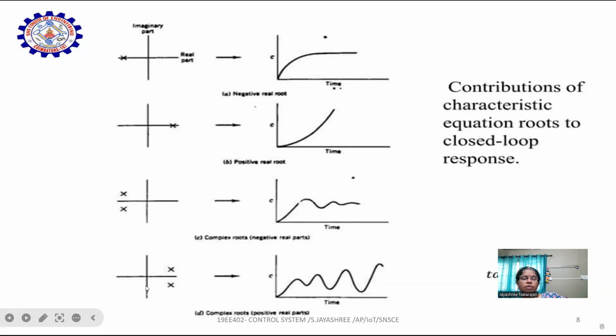The fourth case: if the roots are present on the right side of the s-plane with positive real part and imaginary parts, complex roots, then the system is unstable. So we can find stability based on the location of poles and the location of roots.